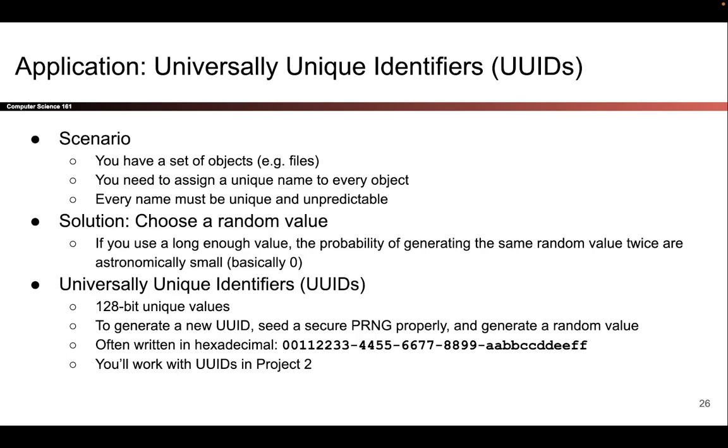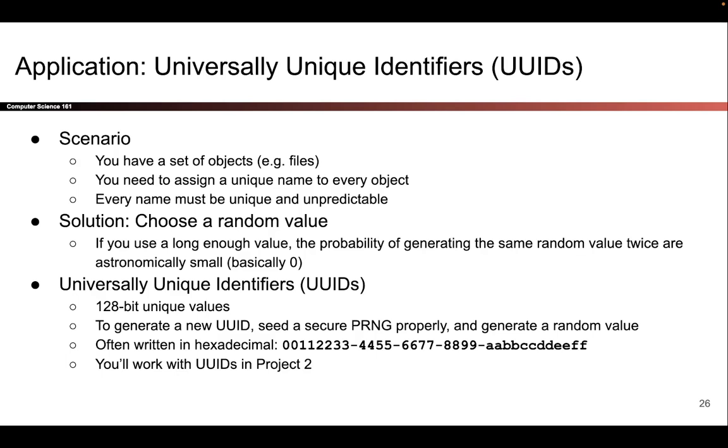So for example, if your UUIDs are 128 bits long, the probability of generating two duplicate numbers is 1 in 2 to the 128, and we've already discussed that that probability is astronomically low. It's basically 0, so choosing random numbers is as good as unique.